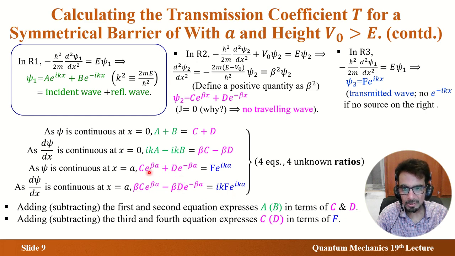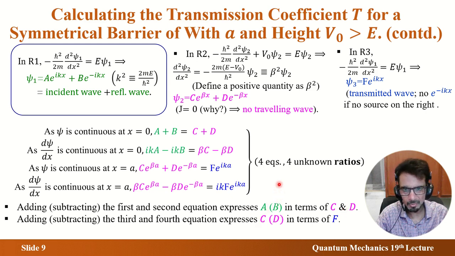Now remember, just in the last minute I spoke of c and d, but in the previous 2 minutes I said c is known. Okay, I spoke the other way. A and b are known in terms of c and d, they are related. So c and d are in terms of f, and then c and d are related to a and b.